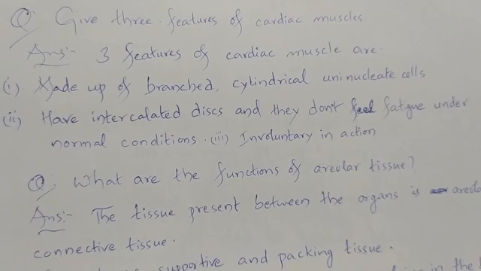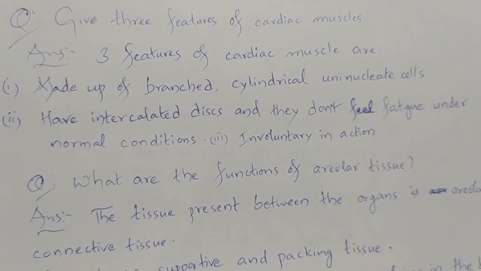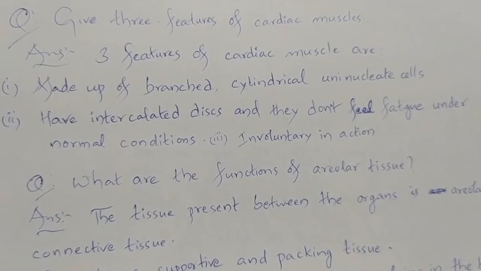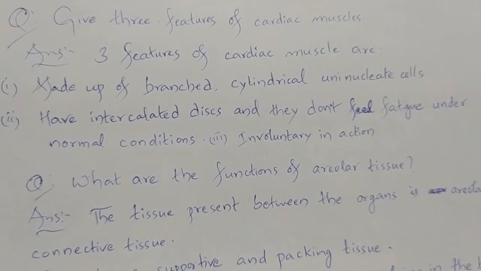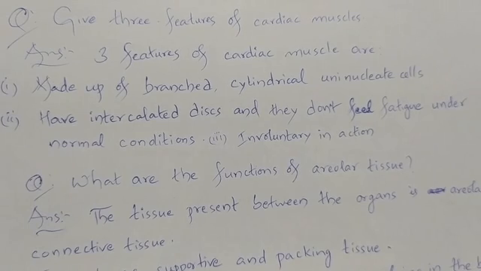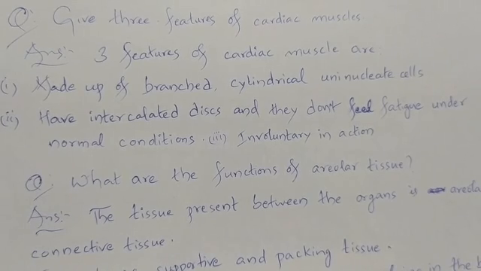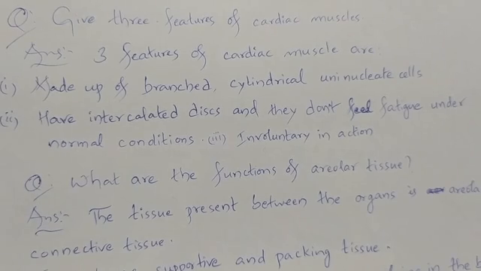All of the voluntary muscles have cells that have a single nucleus. Whereas all of the involuntary muscles function without our thinking. Such muscles are known as involuntary muscles.